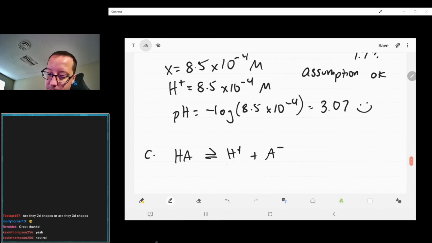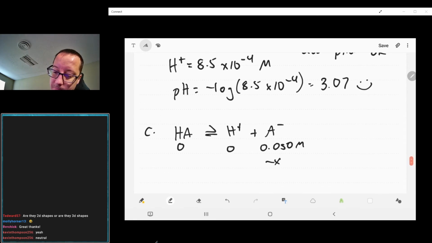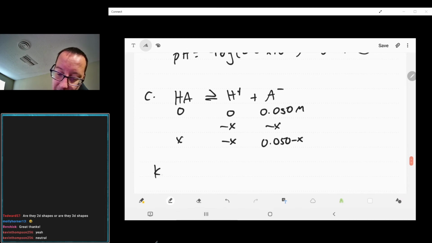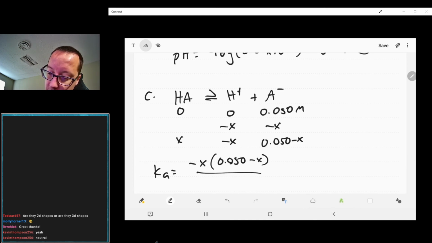So this time, we're starting with A minus. So Ka is going to be equal to negative x times 0.05 over x.